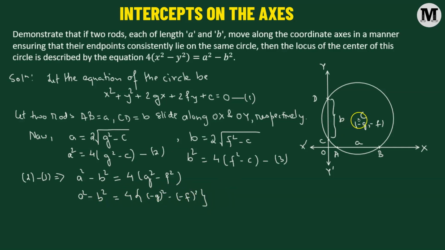Now to find the locus of this center C, all we have to do is replace the values. We replace negative g with x and negative f with y, such that we get a squared minus b squared equals 4 times x squared minus y squared. So this is going to be the locus of the center of the circle, and it's given by the equation a squared minus b squared equals 4 times x squared minus y squared. Hence proved.